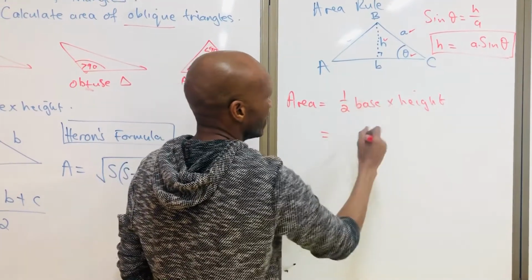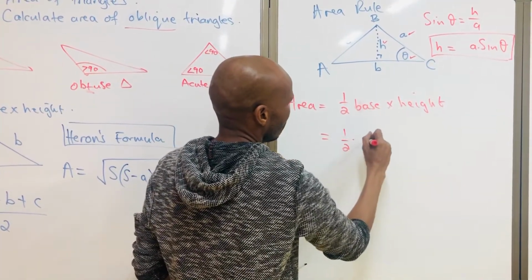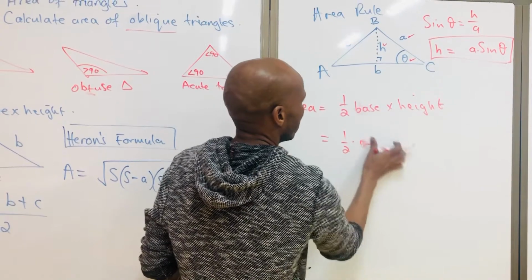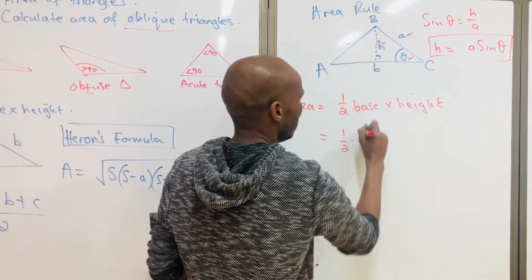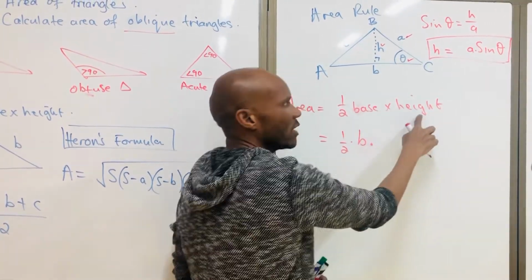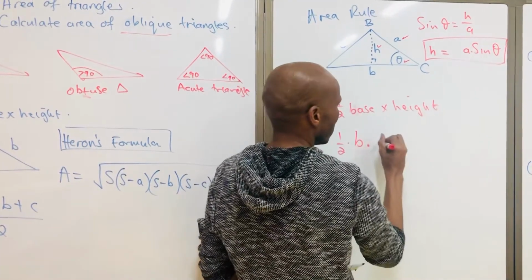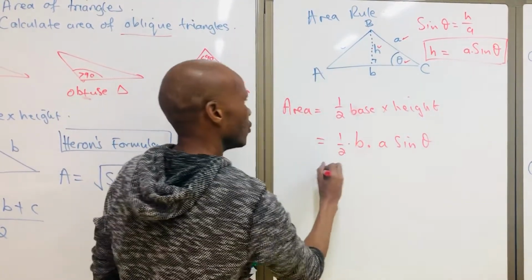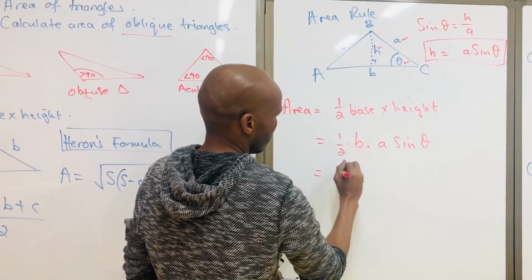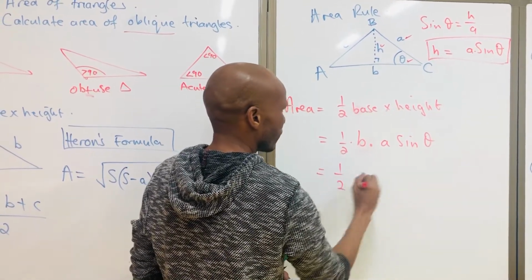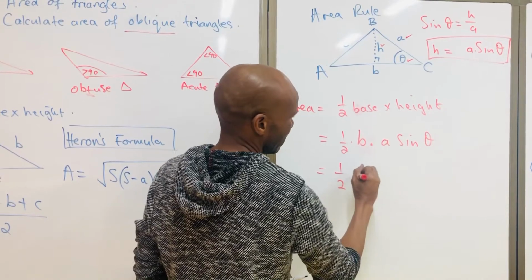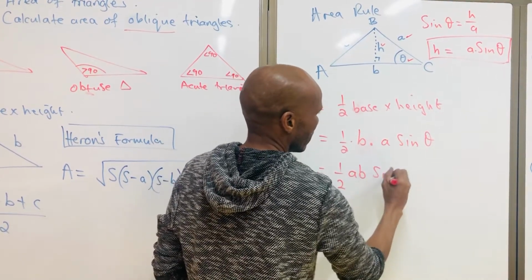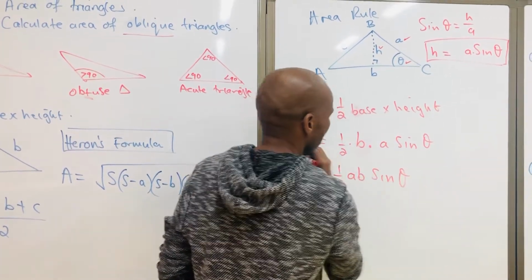My base here is b. What is my height? My height is a sine theta. So I have my formula, and I just rearrange that as half a b sine theta.